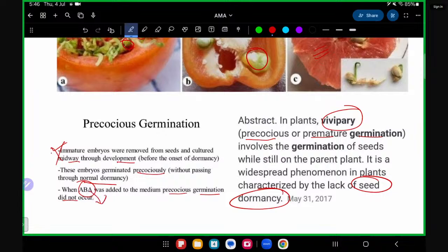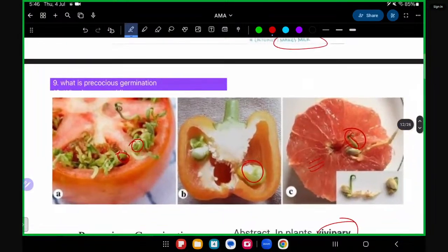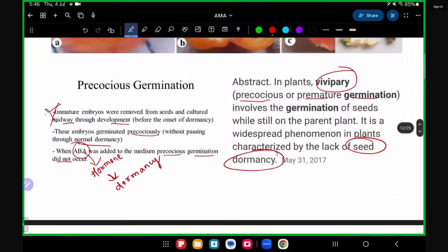That means ABA, which is a plant hormone, induces what? Dormancy. Right?